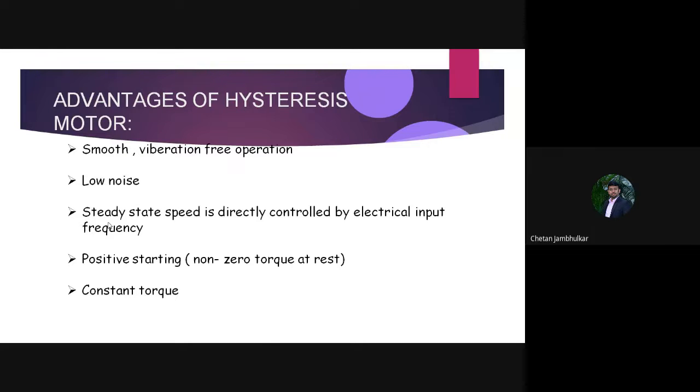So with the frequency, we can vary the speed of the hysteresis motor, and it has positive starting. That means there is non-zero torque at rest. At the starting, torque is directly there, and constant torque is there, so it is not jerking.